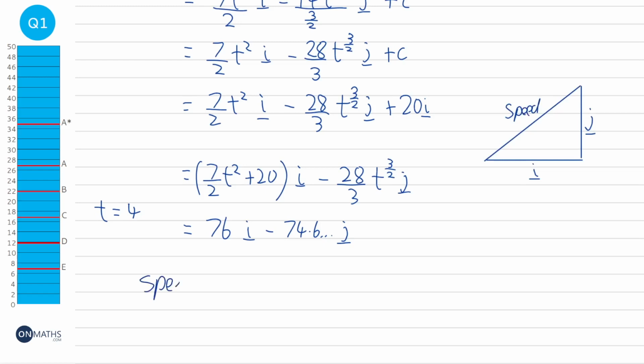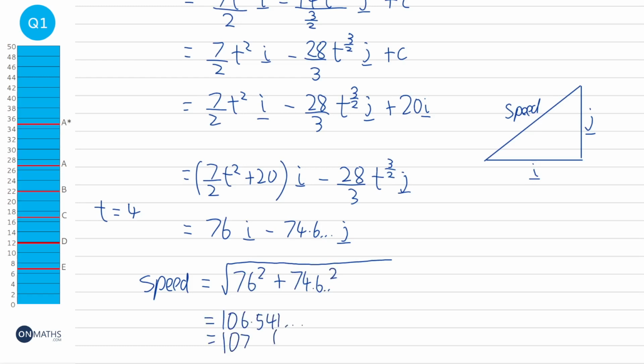So the speed is just going to be the square root of the i component squared plus the j component squared. And that will give us 106.541 and so on. And to 3 significant figures, that would be 107. Now we should put units in, and the question says it will be meters per second.